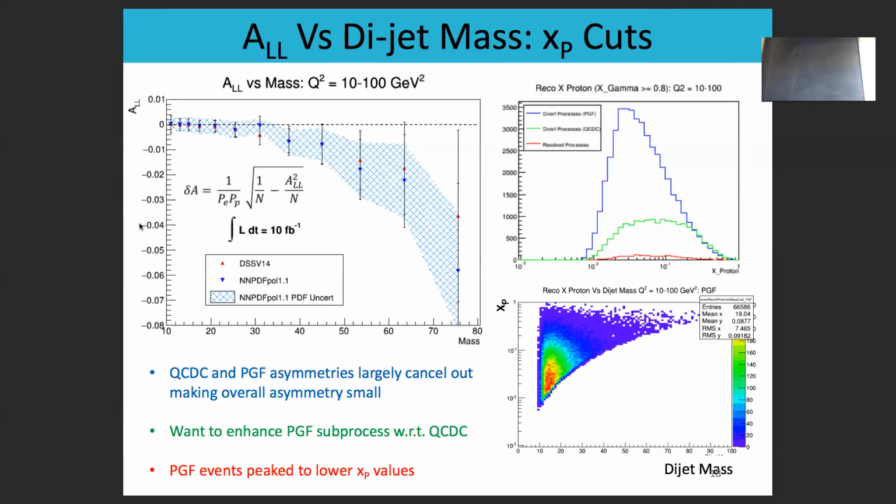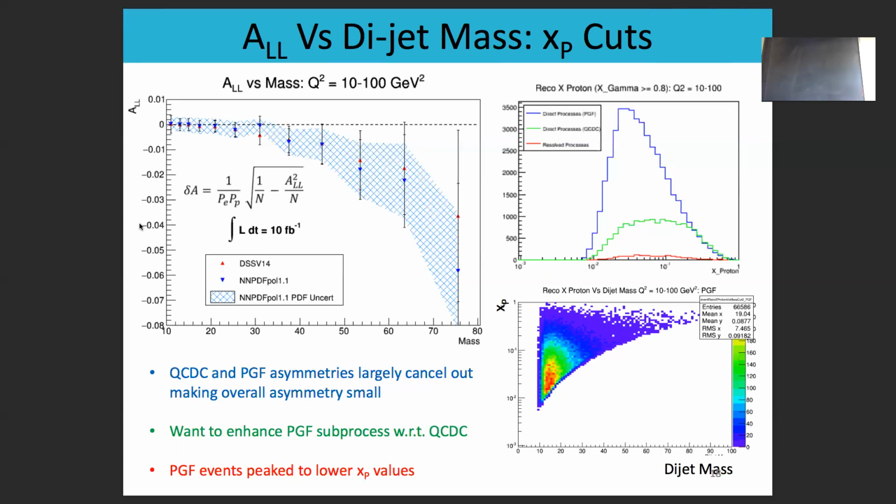So you can think about drawing regions in this X proton variable to look at regions where the photon gluon fusion, or gluon, contribution is enhanced. So I'll jump through that real quick here.